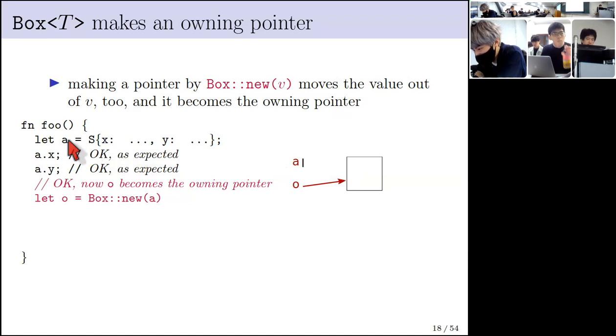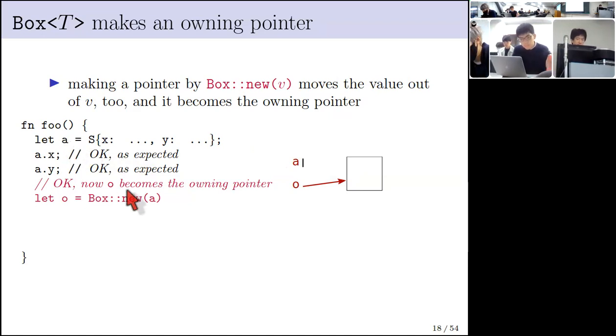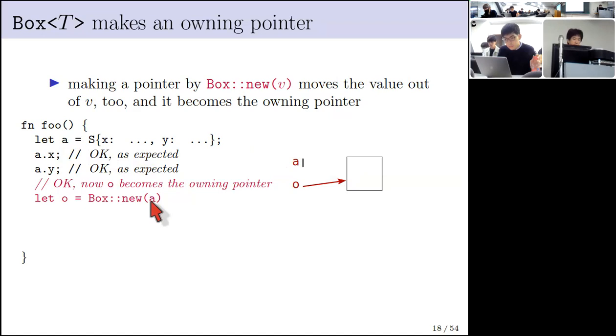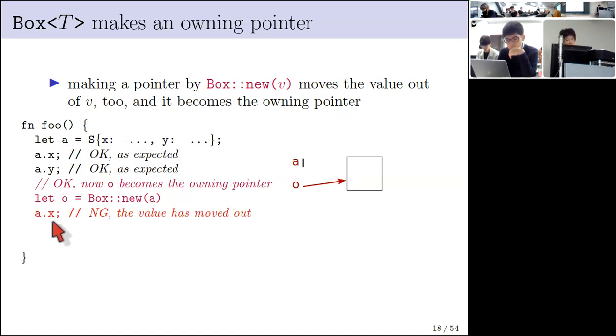This is the same rule that applies when you pass a variable to a function. Simply because you are passing A to a function, you can no longer dereference this data structure through A. So again, A.x is not allowed, but O.x is allowed.